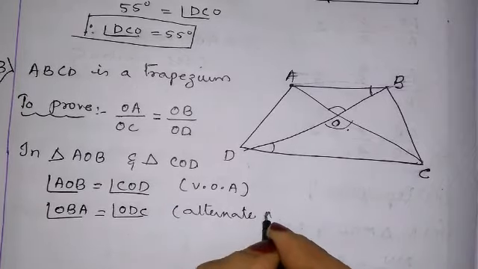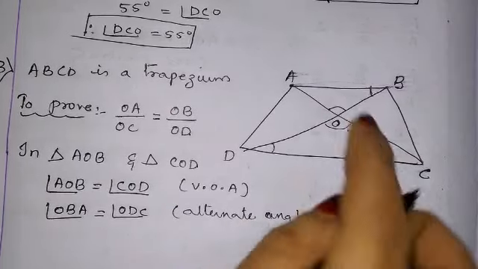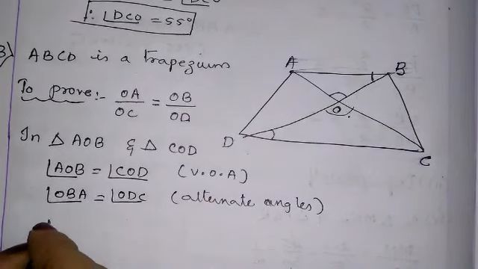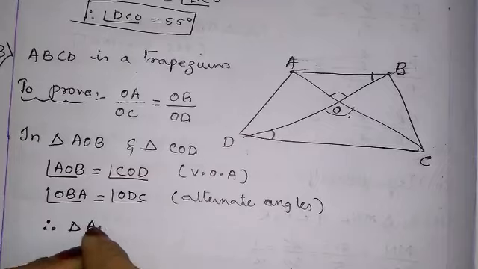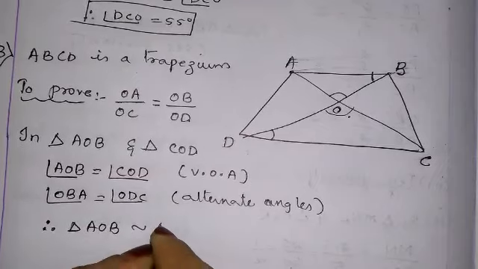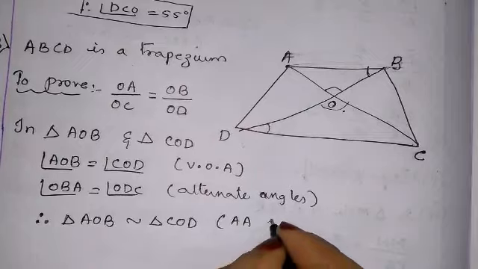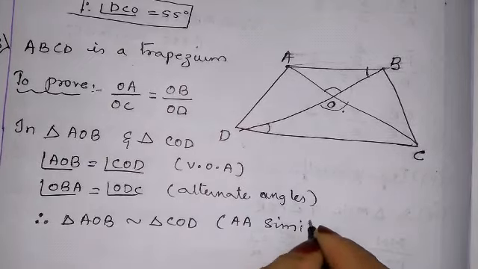We got two angles the same. If two angles of two triangles are the same, then therefore triangle AOB is similar to triangle COD. By what? AA, two angle similarity.